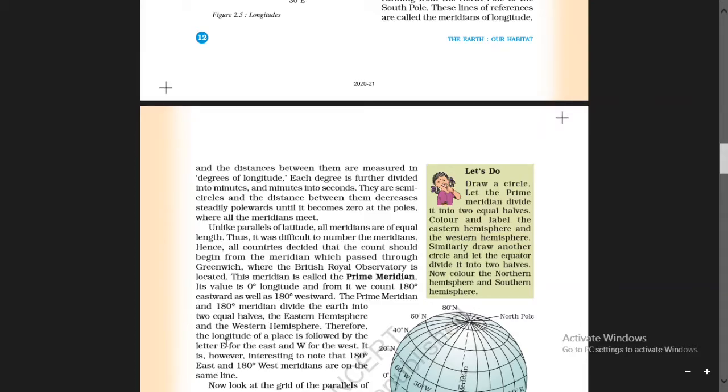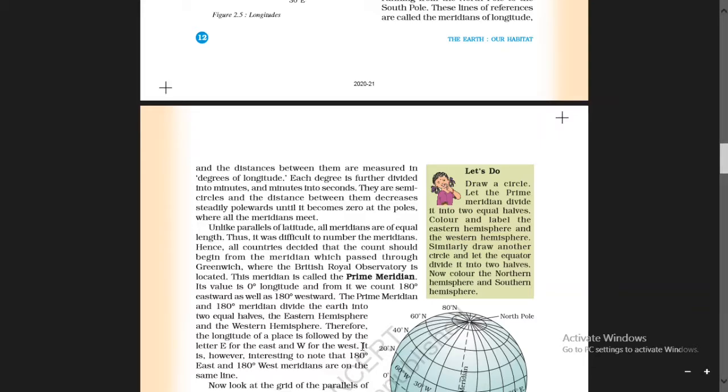Therefore, the longitude of a place is followed by the letter E for east and W for west. But in the matter of latitude, we find N and S, northern and southern. In the matter of longitude, we find east and west.